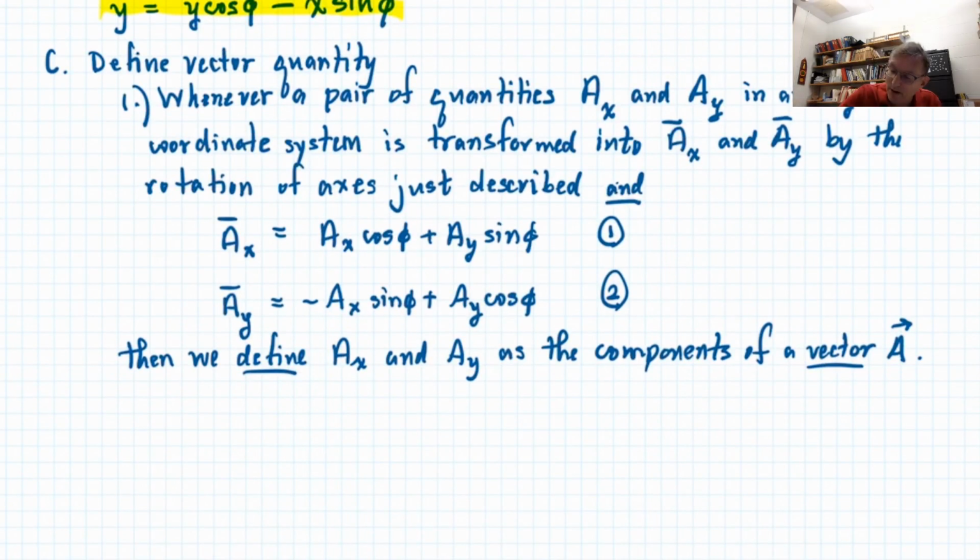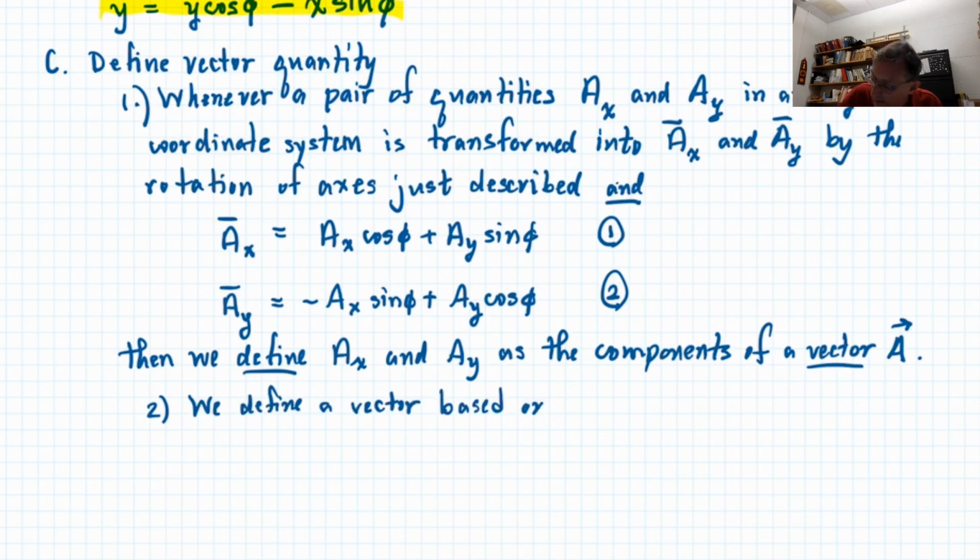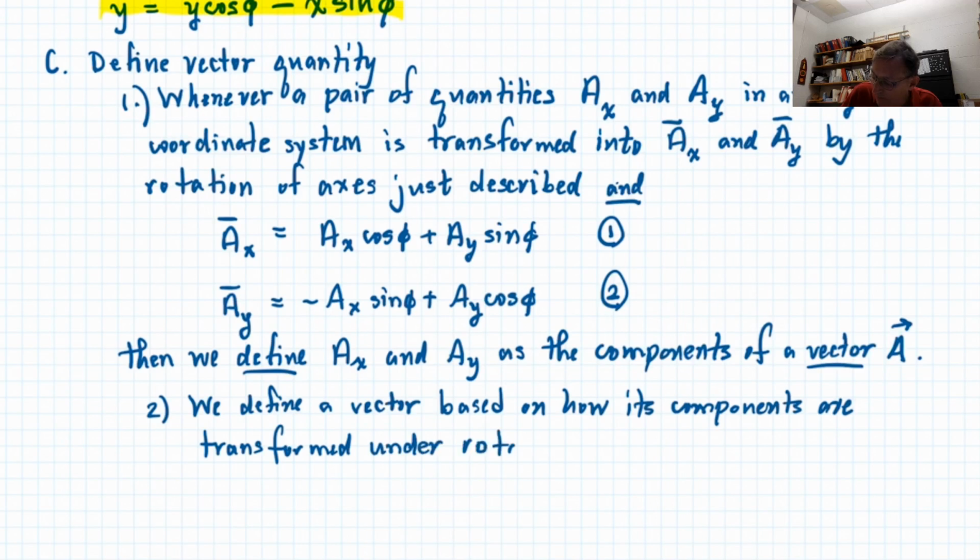All right, so the upshot of what I just said is we define a vector based on how its components are transformed under rotation of the axes of your coordinate system.